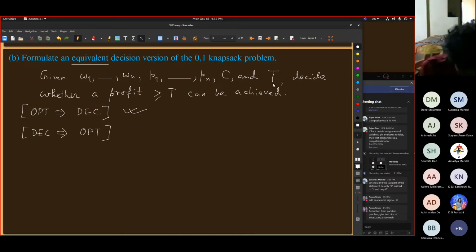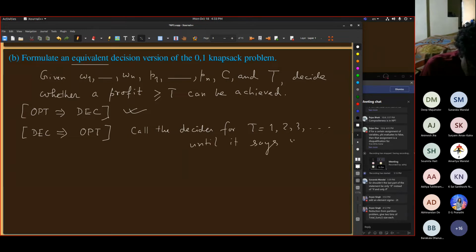Okay, so I will first tell you something. Like the previous equivalence proof, I can call the decider for target equal to 1, 2, 3, and so on until it says yes.